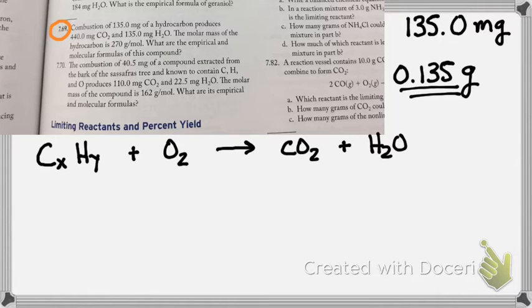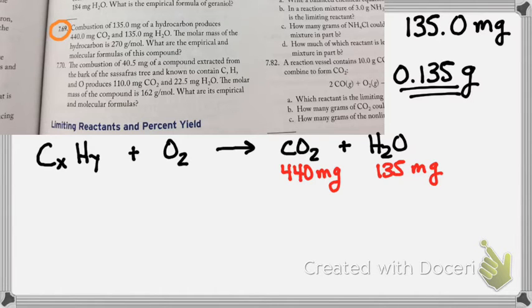And we are given the amounts of the products. We have 440 milligrams of CO2 and 135 milligrams of H2O.